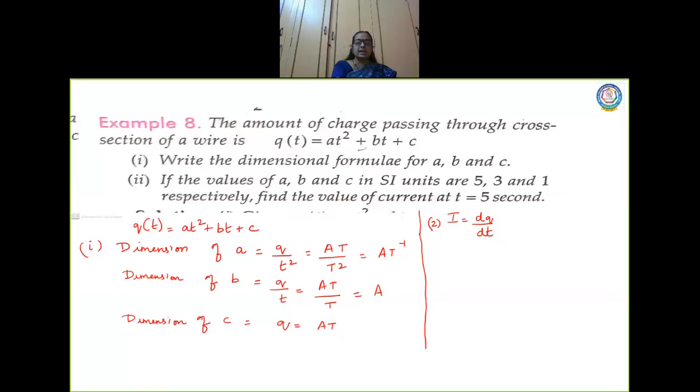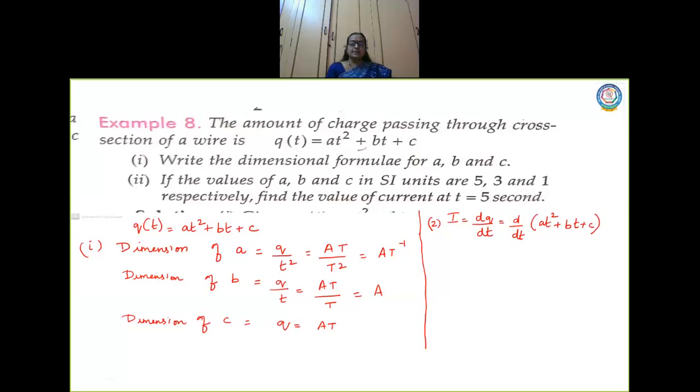They have asked us to find the value of current at t is equal to 5 seconds, so the time is very particular here. So I will substitute d by dt of Q, where Q is At square plus Bt plus C.